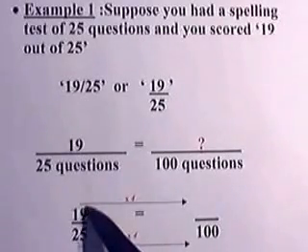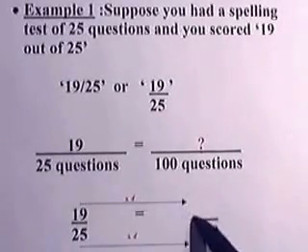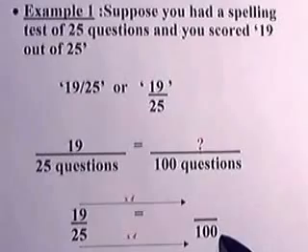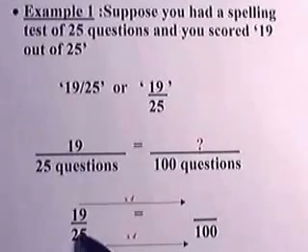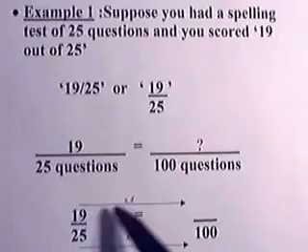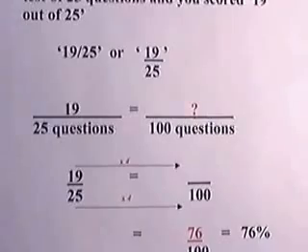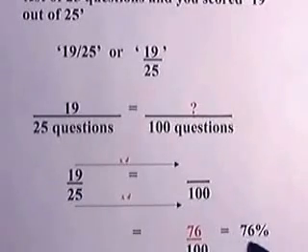So we're going to multiply the 19 by 4 to give how many questions we would have got right had the test been out of 100 questions, and we're going to multiply the 25 by 4. Well, 4 19s come to 76, so 76 out of 100, which is 76%.